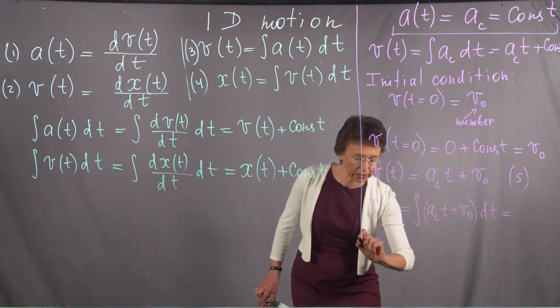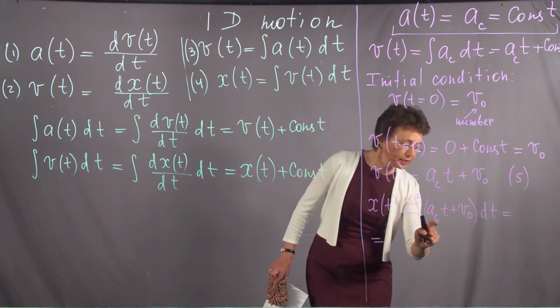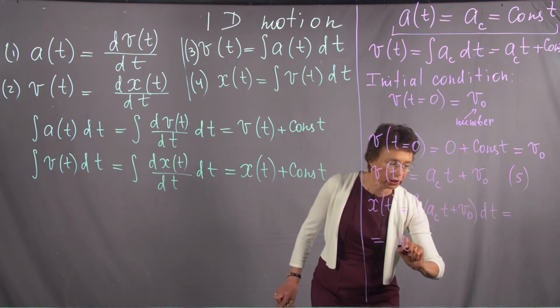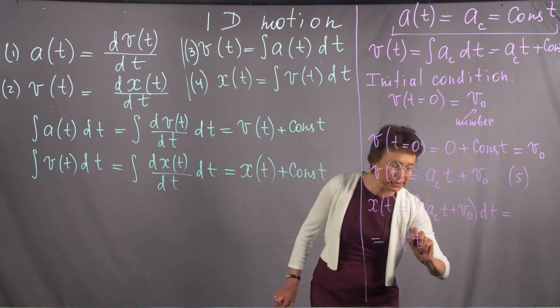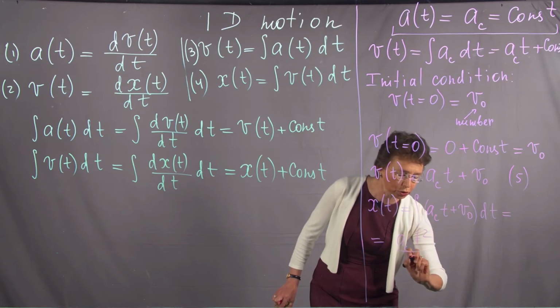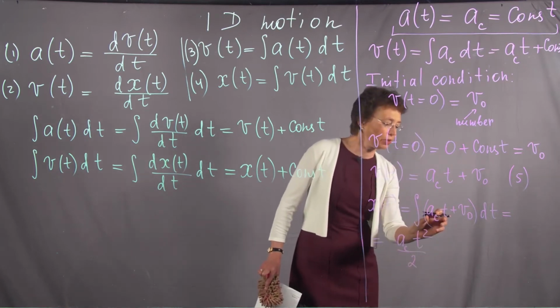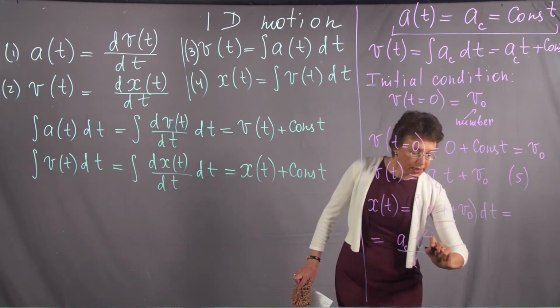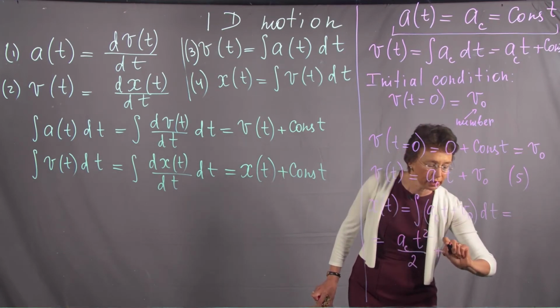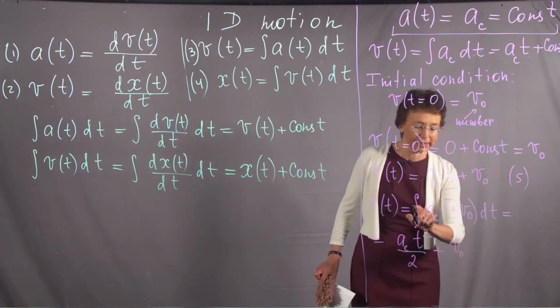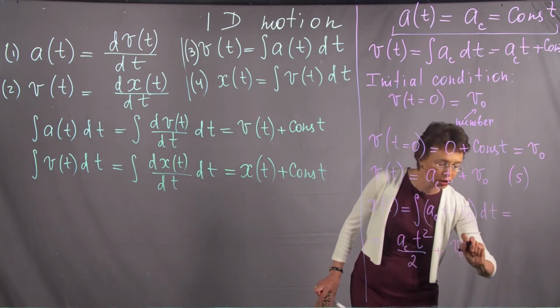Let's take this integral. We know what we are doing. a c is constant. I take it out of integral. Integral t dt will give me t squared over 2. I'm done with integration of the first guy. Second guy, remember, v naught is a number. It's constant. So again, I take it out of integral. Integral dt is just time.